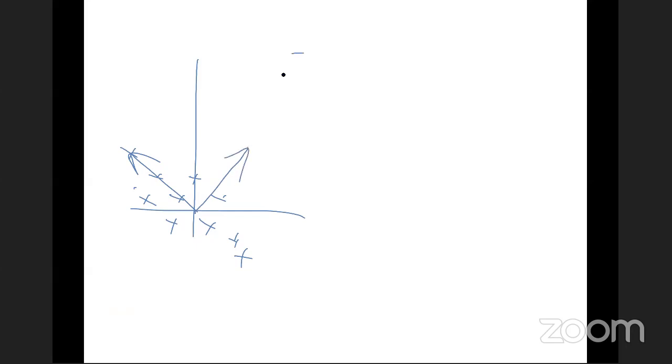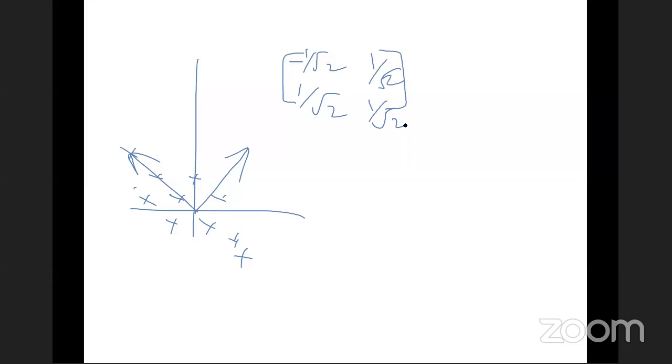So your U matrix, what will that be? What is this direction? This direction is -1/√2 and +1/√2. And what is this direction? This is 1/√2 and 1/√2.